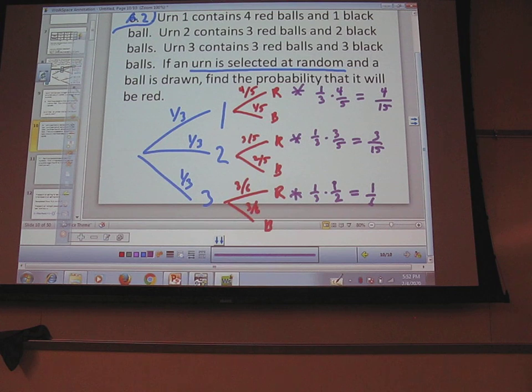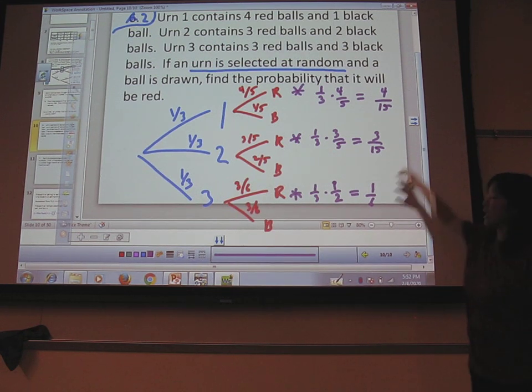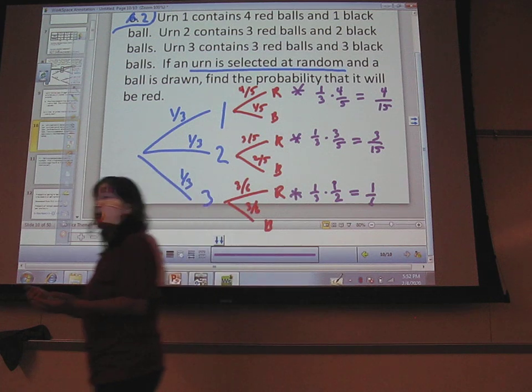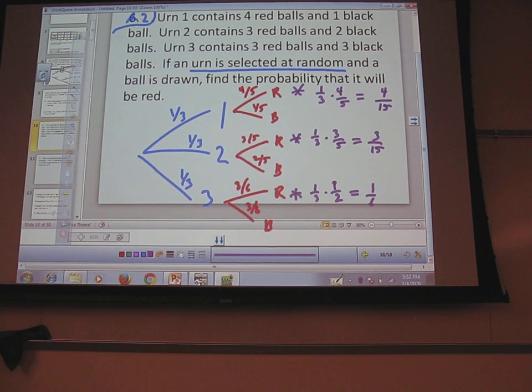So you want to have at least 4 or 5 decimals as you're adding them, in case things carry over and do weird things, because of rounding, you don't want to be off. So you can just find these as decimals if you want, but again, give yourself 4 or 5 decimal places, and then add them, and then round before you put your answer in, because your homework wants it in 3 decimal places, not 3 sig figs. Those are different.